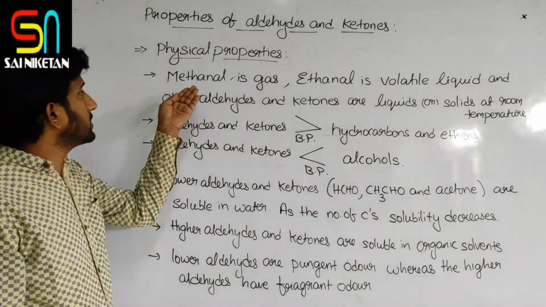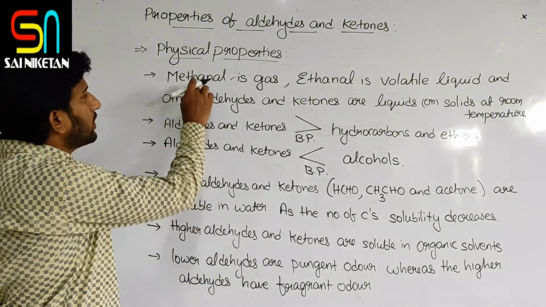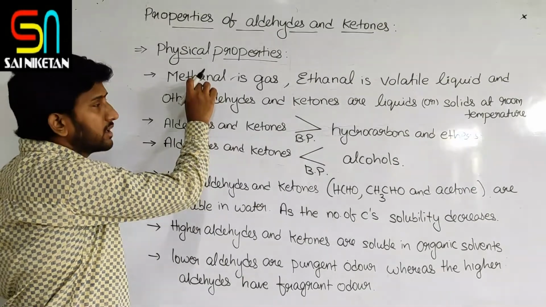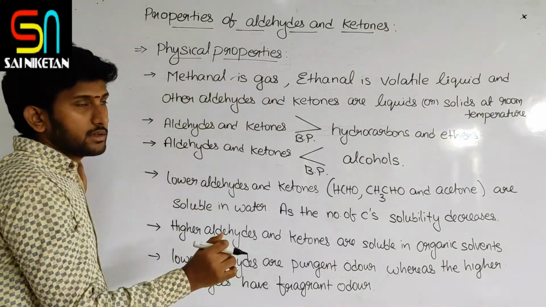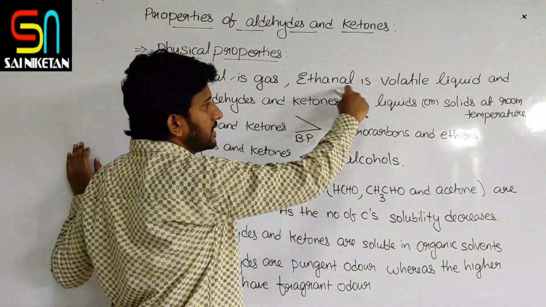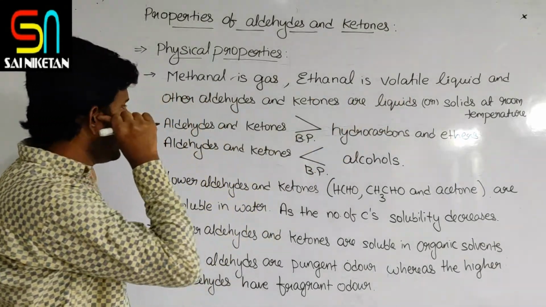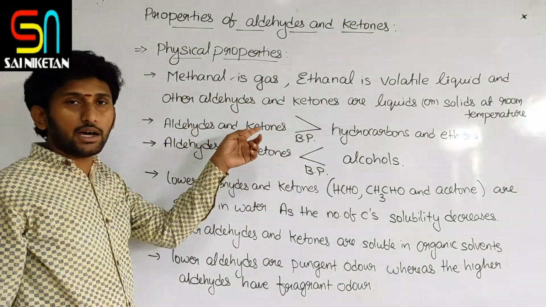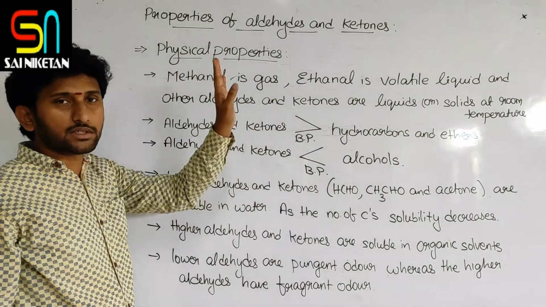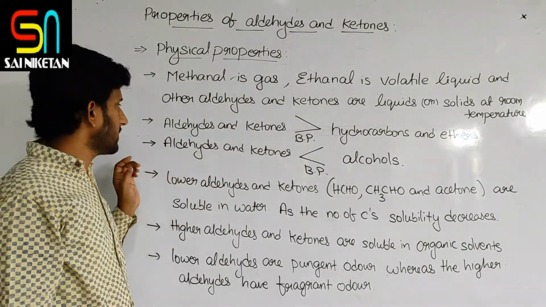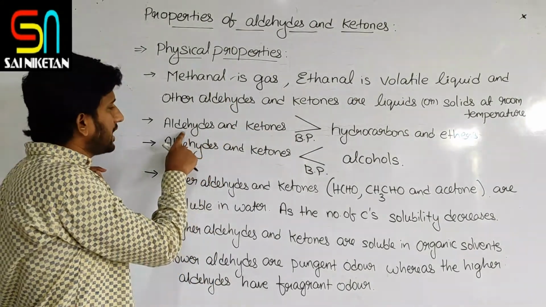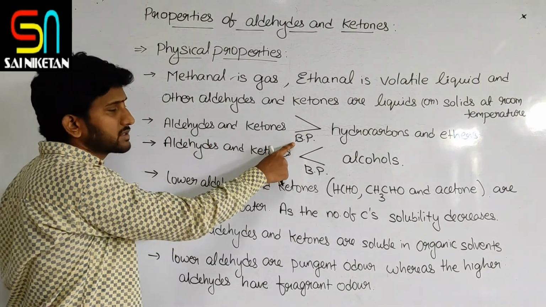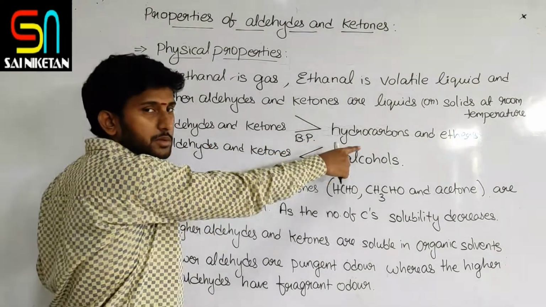Okay, coming to the states, lower compounds like methanal are a gas. Ethanal is a volatile liquid, and remaining aldehydes and ketones are liquids or solids at room temperature. Coming to the boiling points, aldehydes and ketones boiling points are more than the hydrocarbons. Why?